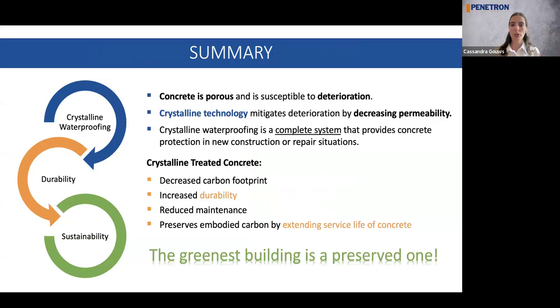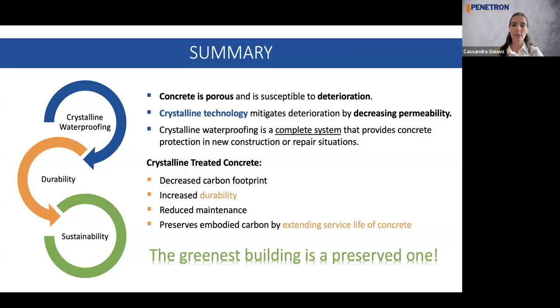So in summary, concrete is porous and is susceptible to deterioration. And the crystalline technology will mitigate the deterioration by decreasing the permeability. And know that there is a complete crystalline system, so not only an admixture, but repair materials as well, so that it can work together not only for new construction, but as well as repairs.